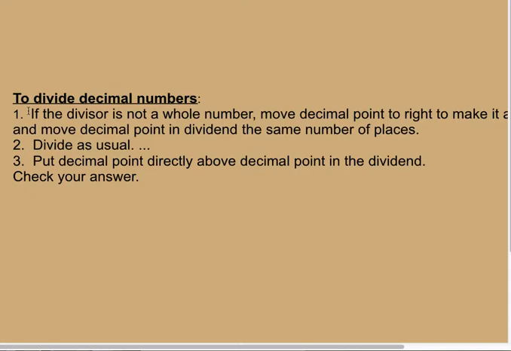If you're not sure what divisor and dividend mean, you might want to stop the video and look those up because we're going to talk about that tomorrow as well. And then the second thing that you do is divide as usual. And the third thing, you're going to put the decimal point directly above the decimal point in the dividend. And the dividend is the number that you're in the brackets, okay? And then you're going to check your answer by multiplying.